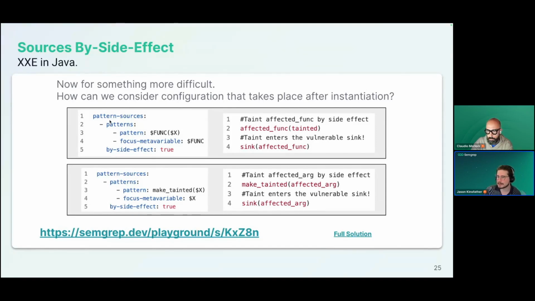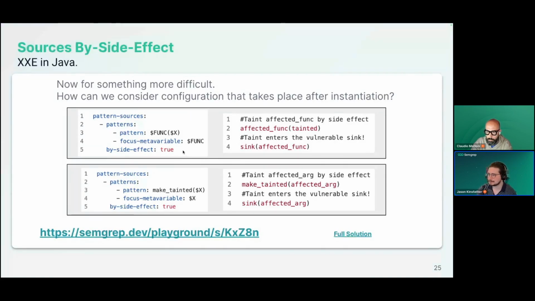By side effect will take a pattern source and say, if tainted data comes in this way, what gets tainted by side effect? As we talked about, the default is that the return value of the function gets tainted. But how are we going to taint things by side effect of them entering the function as an argument? This is useful because then we can put a taint label on this.